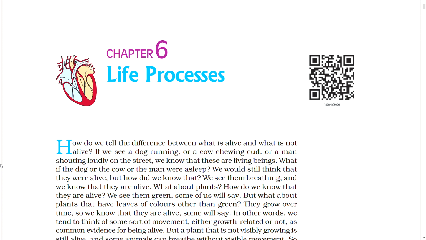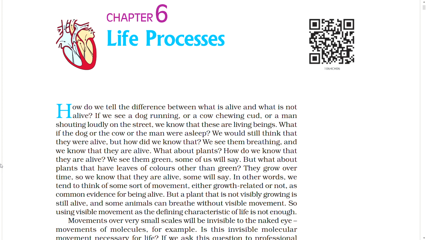What about plants? How do we know that they are alive? We see them green. Some of us will say, but what about plants that have leaves of colors other than green? They grow over time, so we know that they are alive.